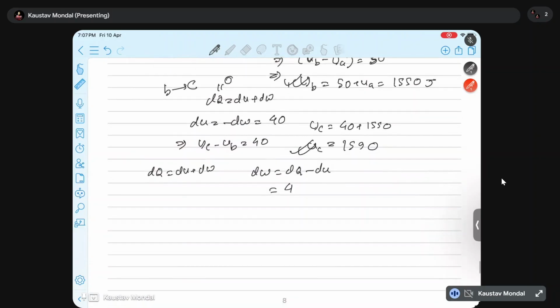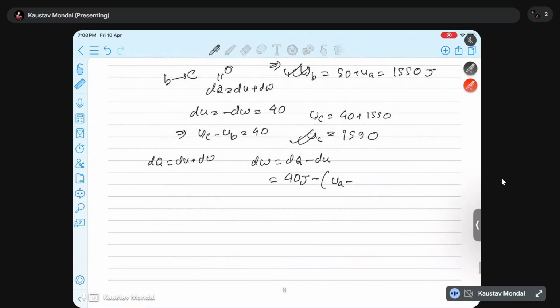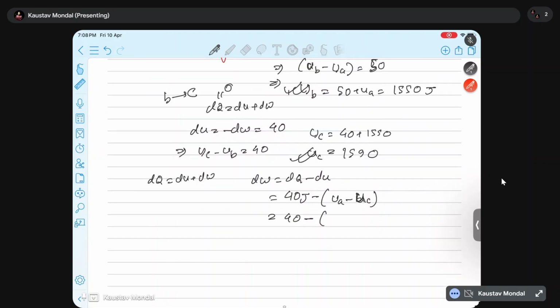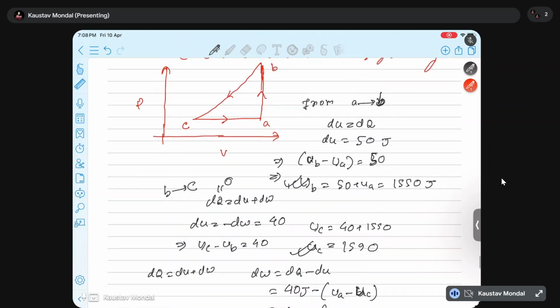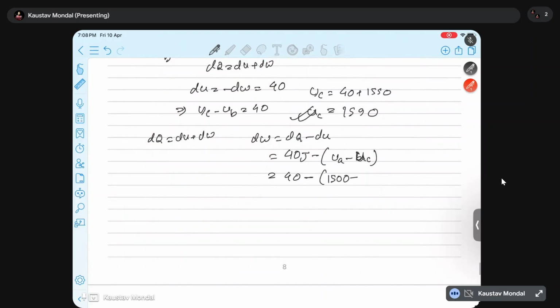So 40 joule minus dU, which from C to A is UA minus UC. So 40 joule minus UA, which is 1500, minus 1590.